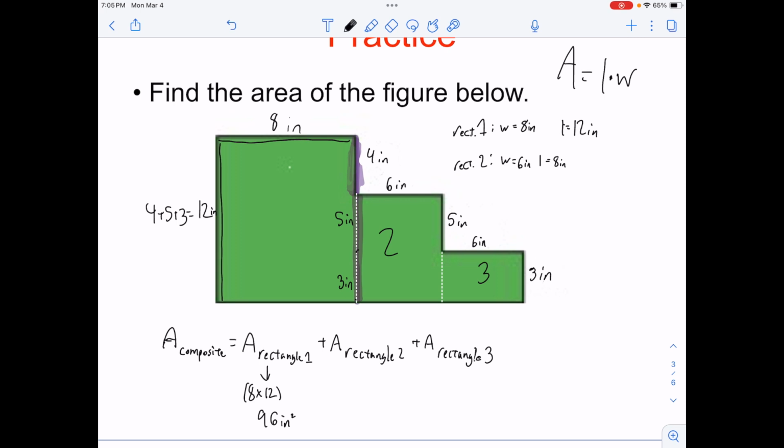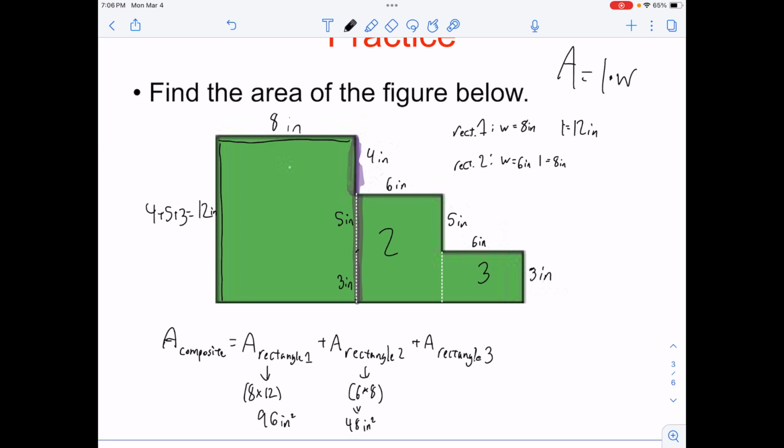The width is 6 inches. The length is only 8 inches. And 6 times 8 gives you 48 inches squared. That's the area of the second rectangle.